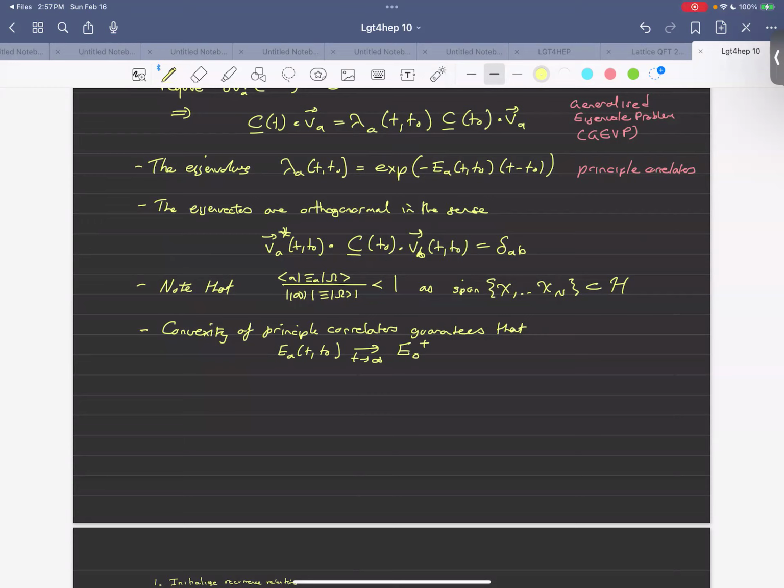And they approach the ground state because in this subspace that's spanned by the set of operators we consider, we're never going to be orthogonal to the ground state.